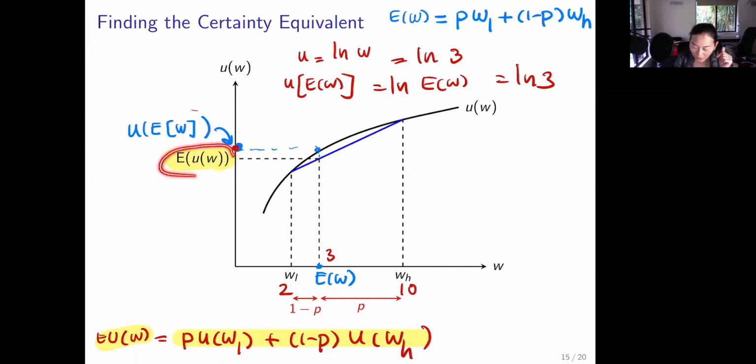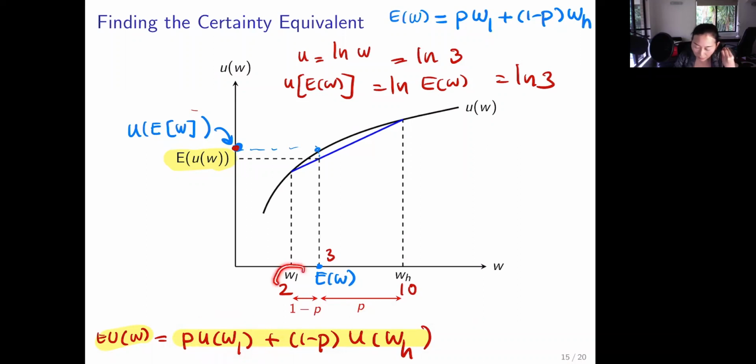And how do we know that this is equal to that? This height here is equal to the expected utility value. Remember, the expected utility value consists of two parts: P times U(WL) plus the second part, 1 minus P times U(WH). So let's look at U(WL) first.